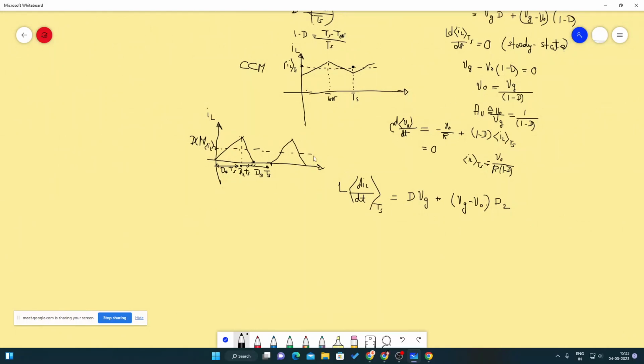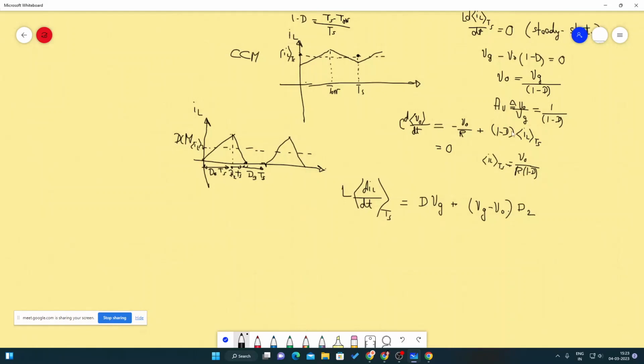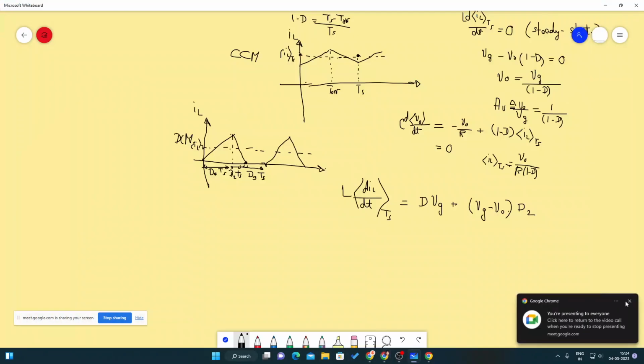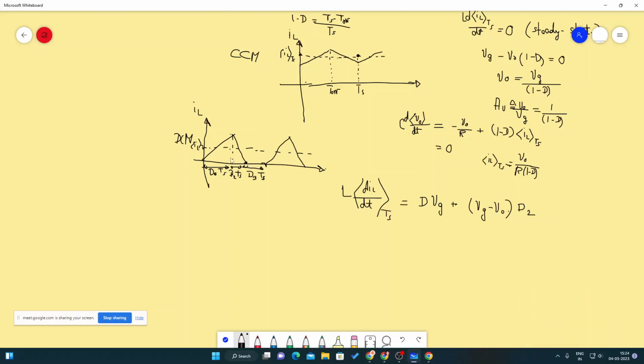Here we consider that the IL over TS average is constant, but we cannot say that the ripple is negligible. We cannot say that it is completely constant. There is a ripple which is comparable with the average value.